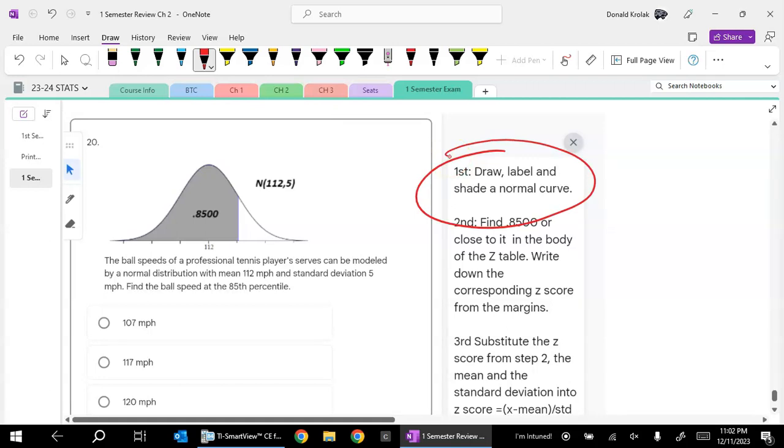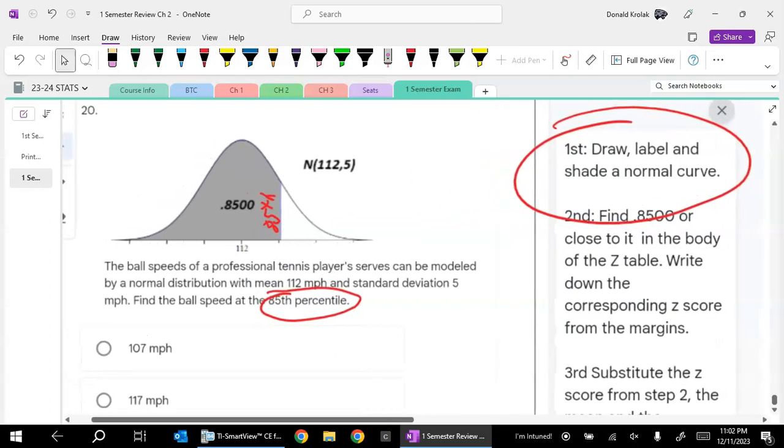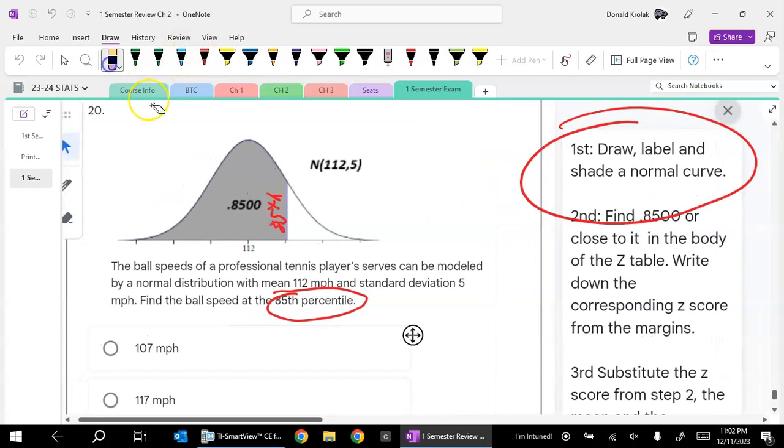And the question is, what's the ball speed at the 85th percentile? Well, that is a percent, so this is your 85th percentile right here, which means this area off to the left of it is 85%. Okay, so what we're going to do now is we're going to find what's the z-score that belongs to that, and then use the formula to get what this score is right here.